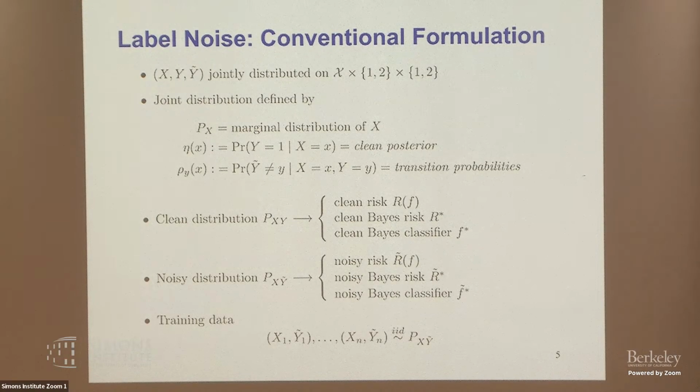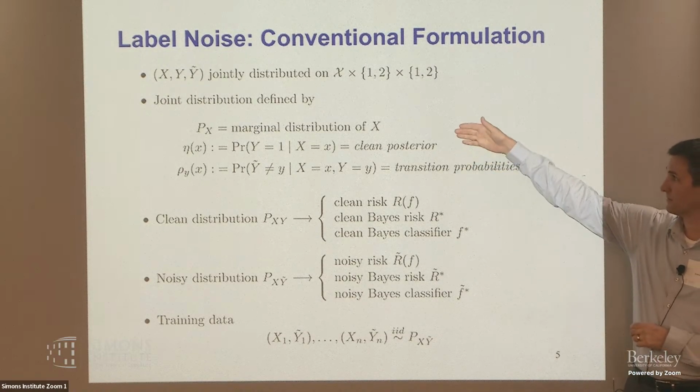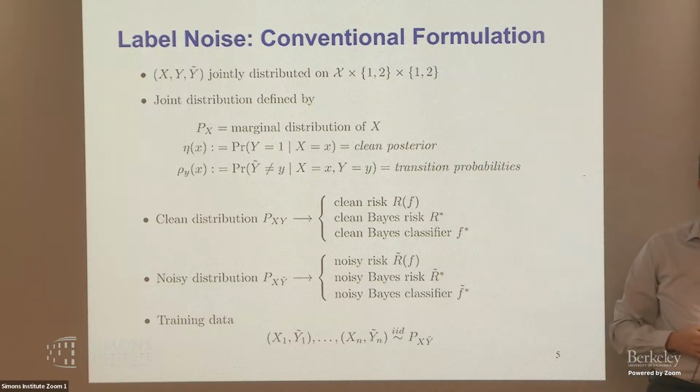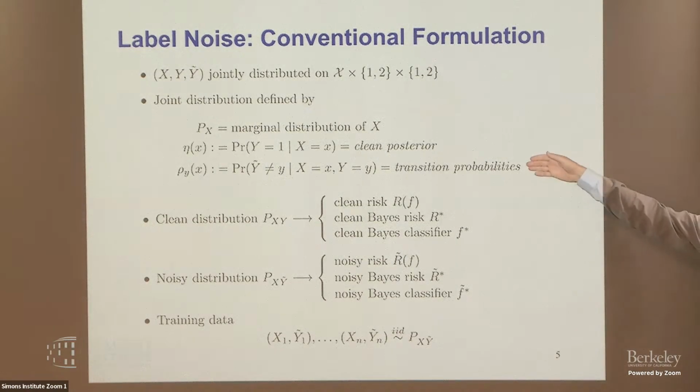Now this joint distribution is characterized in terms of the marginal distribution of x, and then the conditional distribution of y given x. Both of those are like before. But now you have what are sometimes called the transition probabilities, the conditional distribution of y tilde given x and y.